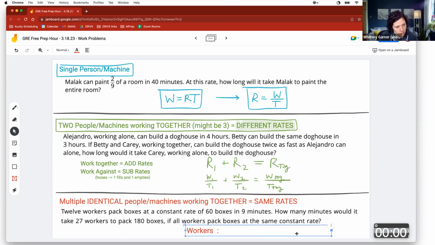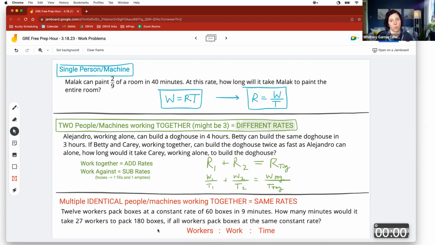to time, or actually I'll go work in the middle: workers, amount of work, to time. And so this is going to be a sort of weird ratio that we'll use where two things move in concert, meaning they move in the same direction, and then one pair of things will move in opposition.